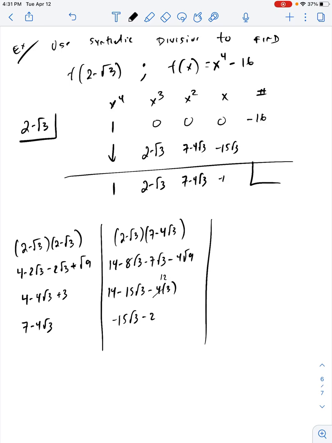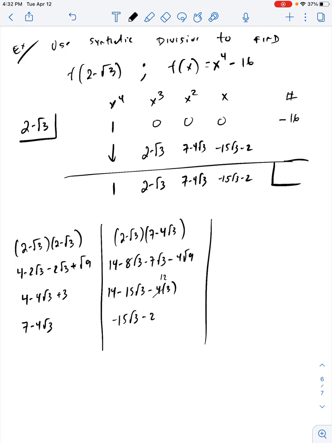You add. Oh, I'm missing a little bit. Looks like I'm running out of space up there. Minus 2. Erase that. Okay, better. 15 square root of 3 minus 2. Bring my negative 16 out here more. Okay.